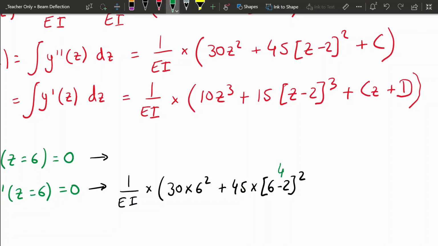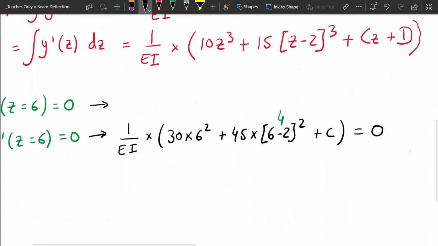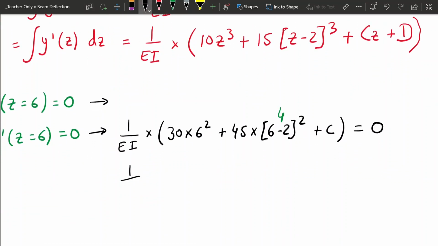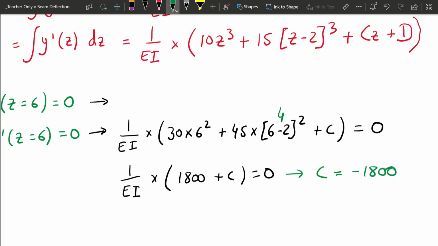Well, if that part was negative, then it would go to 0. And then we get plus c, and we know that all of this has to be equal to 0. So now we can recalculate this and get 1 over EI times, and use the calculator to get 1800 plus c equals 0. Therefore, our c is minus 1800.